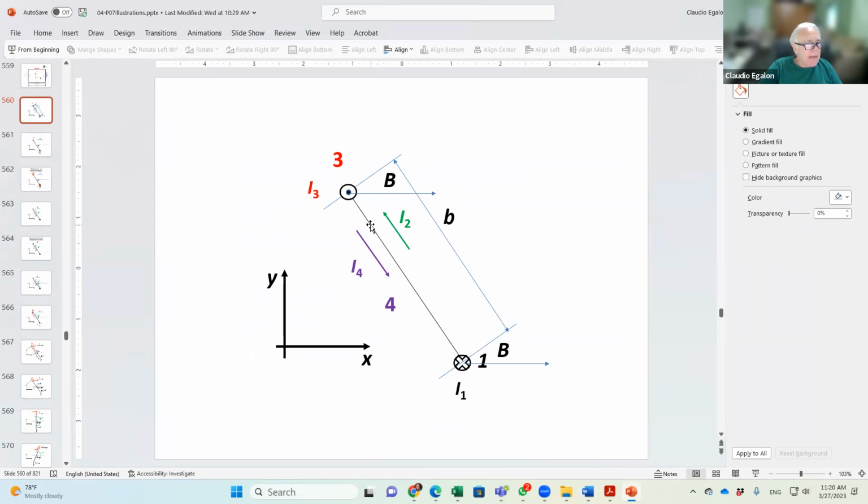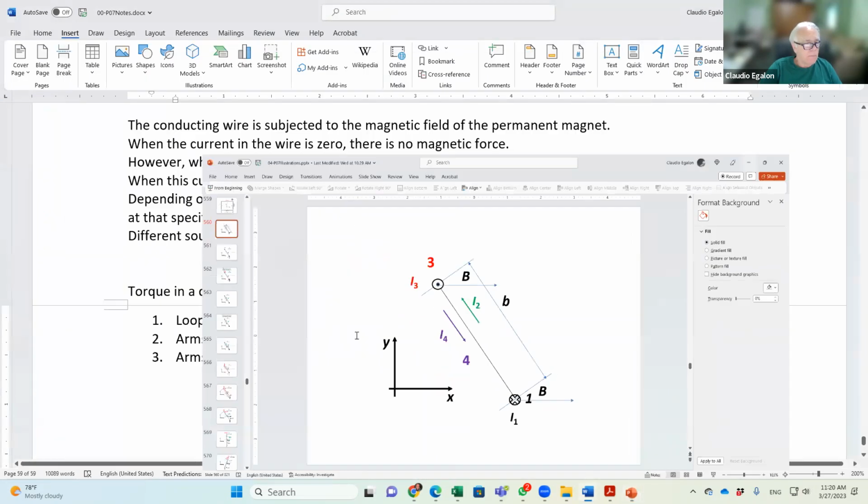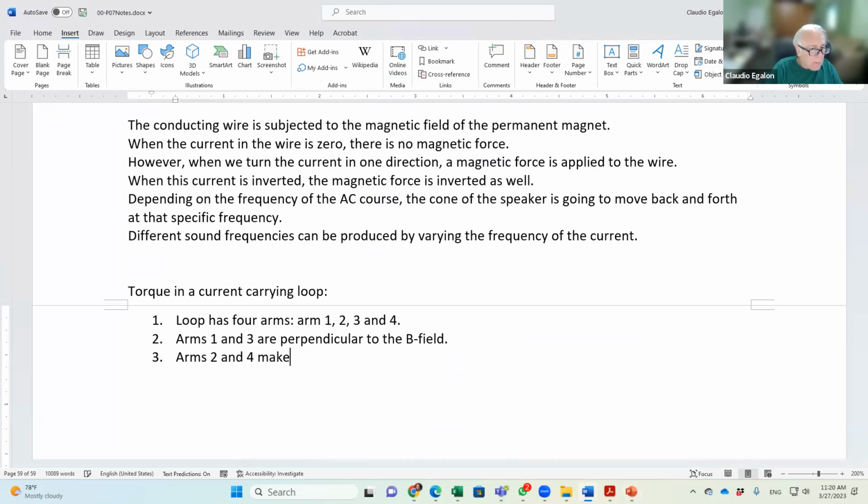Arms 2 and 4 make an angle, let's say an angle theta, with the B field. Okay.